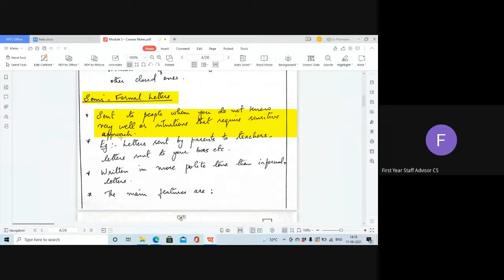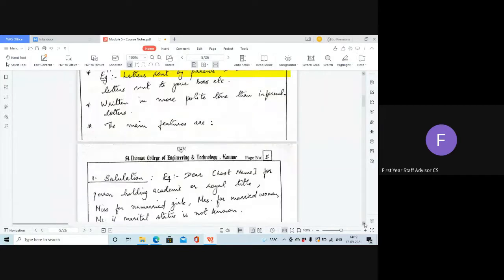It cannot be a formal letter, neither can it be an informal letter, but it is sent by a parent to a teacher, and the only relationship is that the kids are their students. So letters sent by parents to teachers are a form of semi-formal letter, and it is more polite than informal letters.